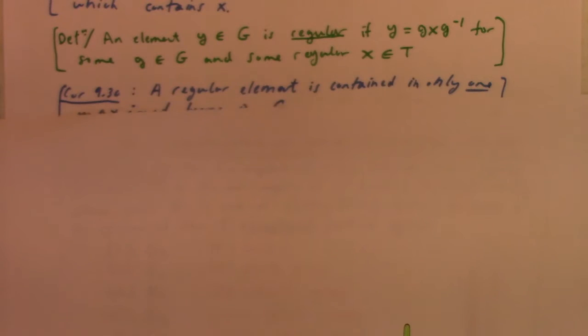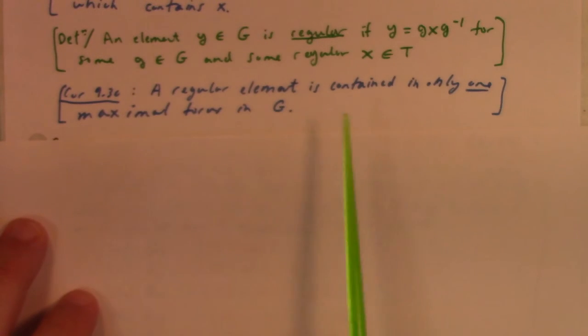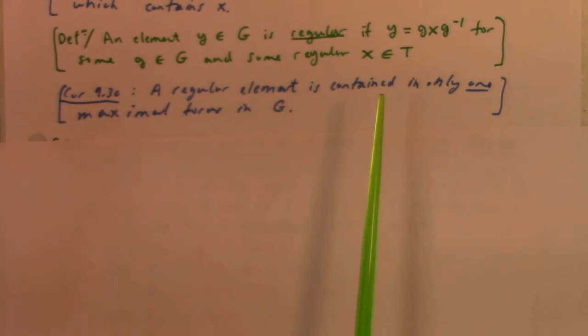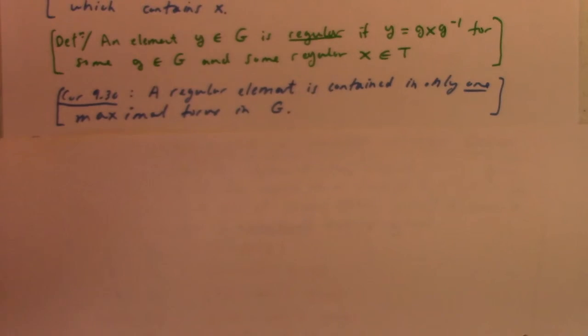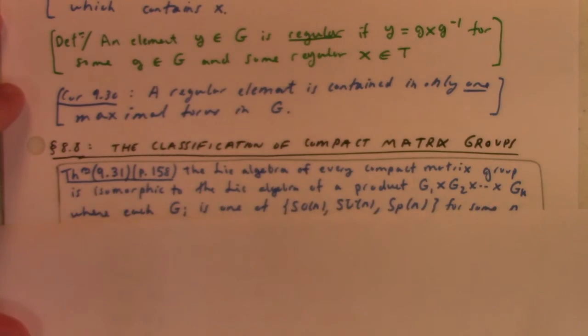And what do we have coming up here? A regular element is contained in only one maximal torus in G. Ooh, cool. So that means that these maximal tori give us some sort of dividing, parsing of the space, at least it separates the regular points from one another.